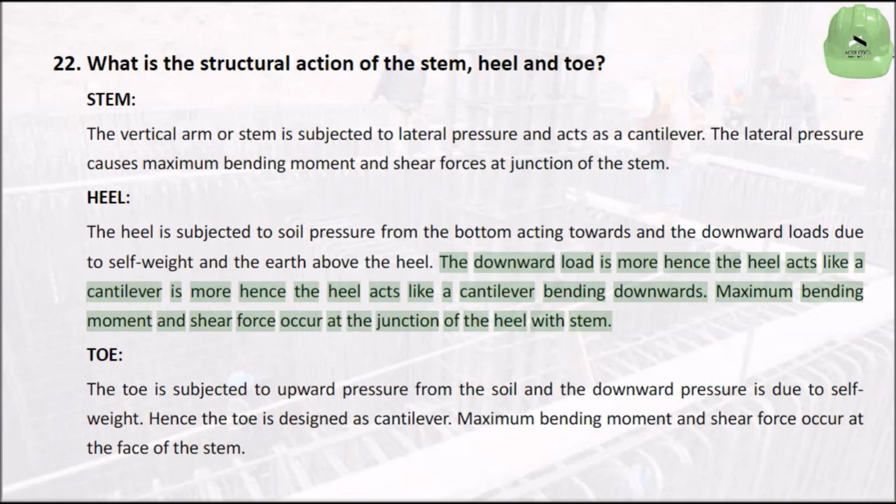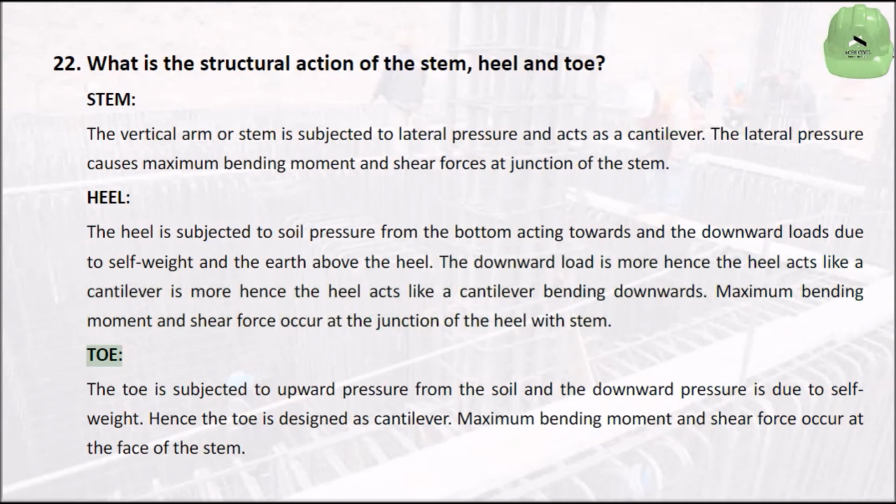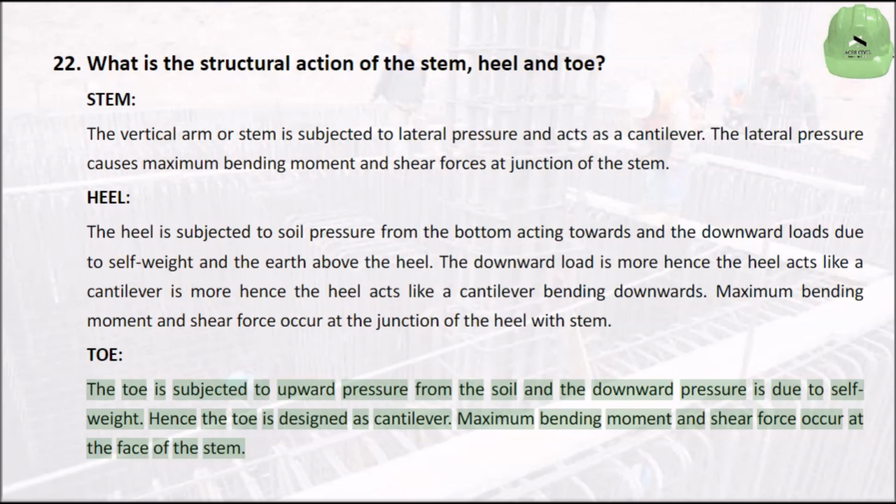Maximum bending moment and shear force occur at the junction of the heel with the stem. Toe. The toe is subjected to upward pressure from the soil and downward pressure due to self-weight. Hence the toe is designed as a cantilever. Maximum bending moment and shear force occur at the face of the stem.